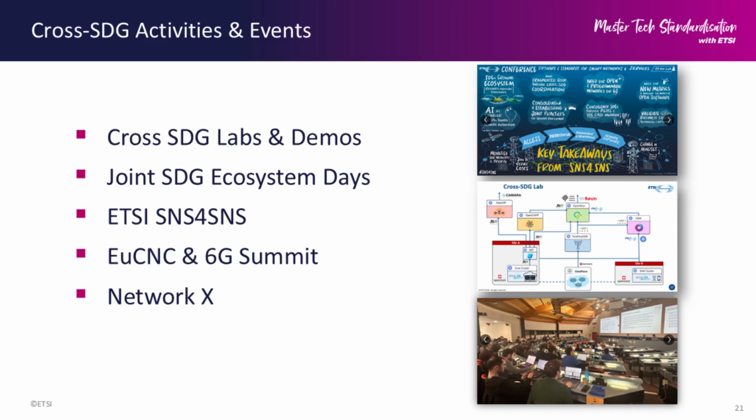It's a great example of how the SDGs benefit by working together, aligning approaches, and testing over standardized interfaces. With these practical activities, lessons are continuously being learnt, with feedback going back to the standards development community to improve the specifications.